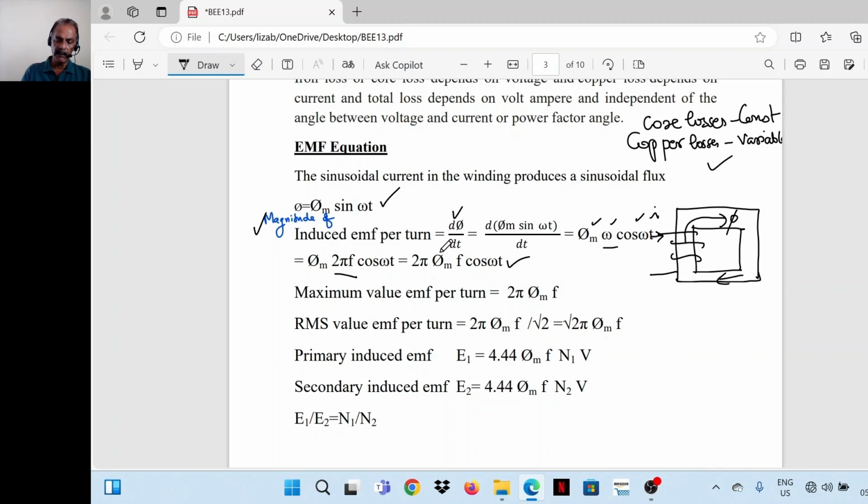This is the instantaneous value of induced EMF per turn. From this equation, it is clear that the maximum value of EMF per turn is Em equal to 2 pi f phi m.